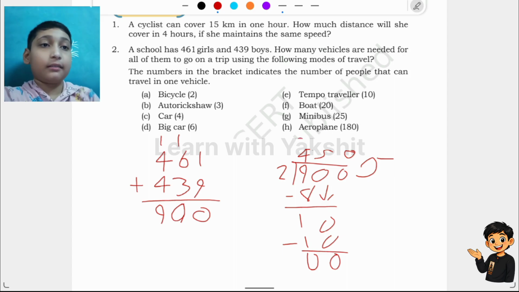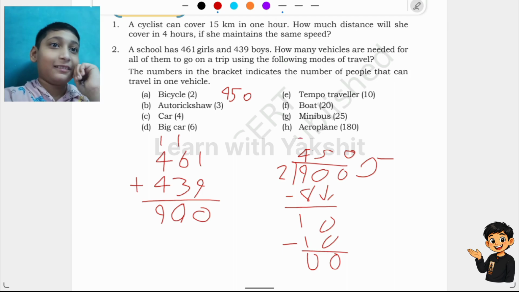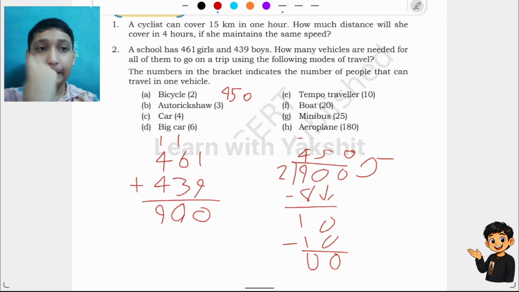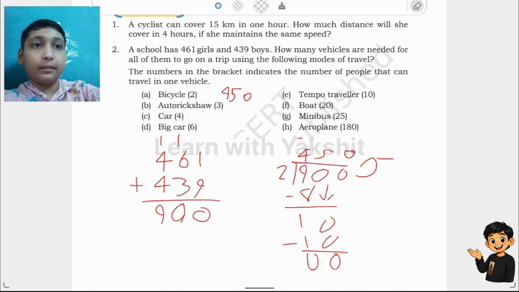That makes it 450 bicycles. I think the school won't buy 450 cycles just for 2 students each. You need something bigger, like an auto rickshaw. Now that is what we're going to do.